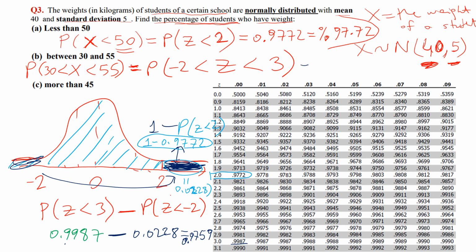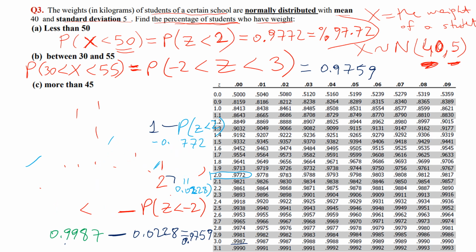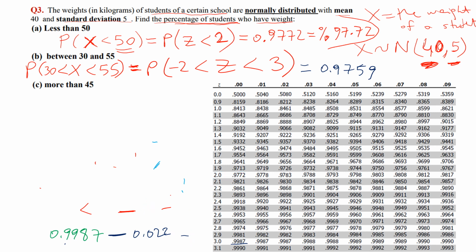So this has to be 0.9759. This is how you use the symmetry and the positive values to get the probability for the negative values.